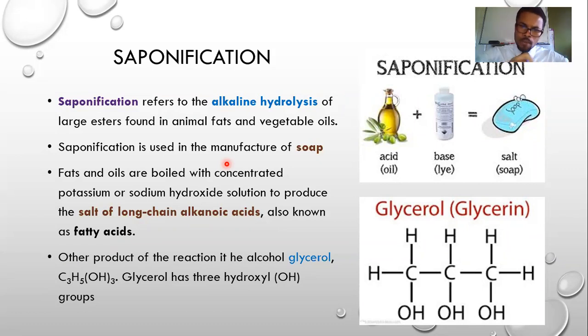When they are broken apart, the alkanoic acid portion that forms is going to react with the base, and when it reacts with the base, you form a salt. The salt that is formed there is the soap that we want. So in saponification, the oil, with the base, which is the lye, reacts to form the salt, which is the soap.